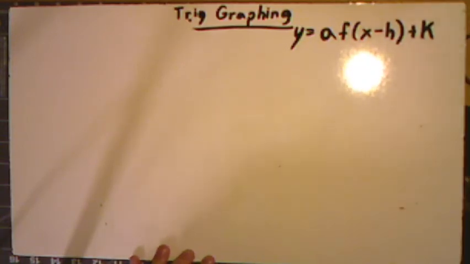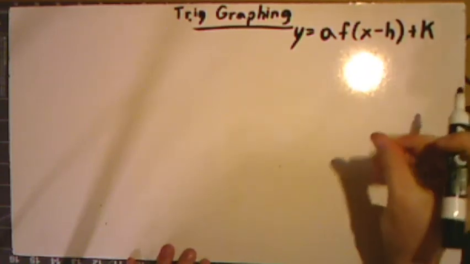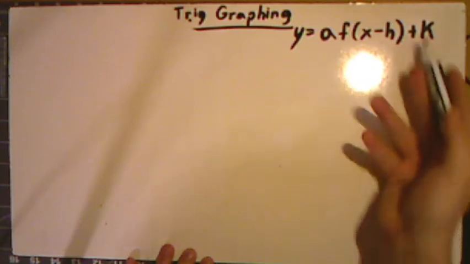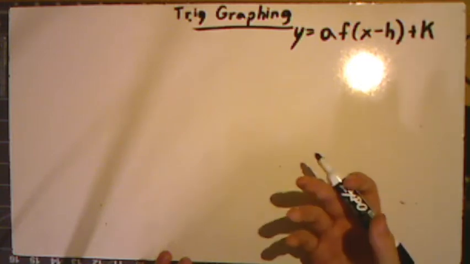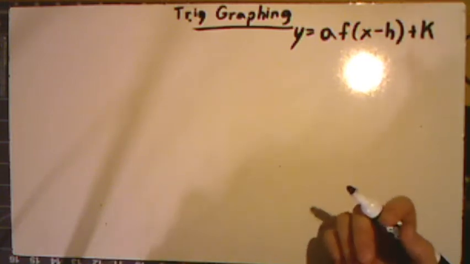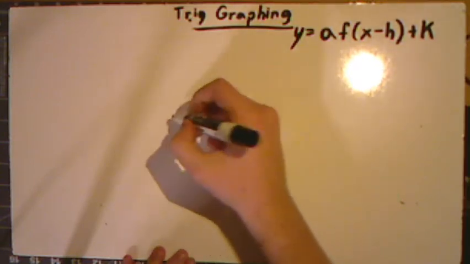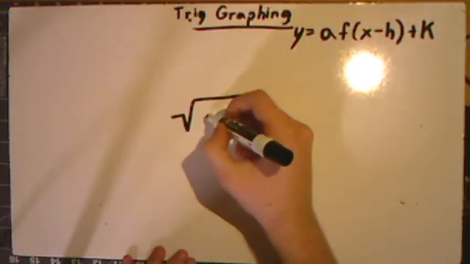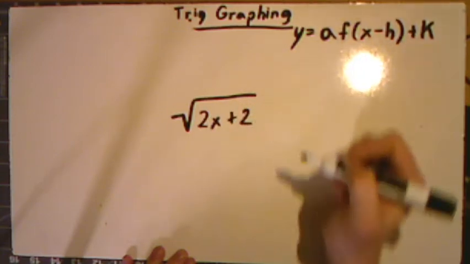Now, as I kind of show in the slides, there's one issue with that, where in most functions like this, we are able to remove the multiplication somehow. What I mean by that is, say we had, best example would be a square root of something like 2x plus 2.